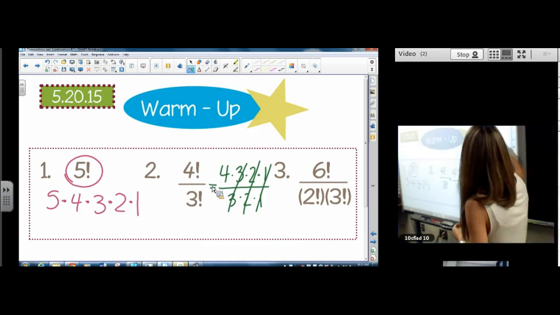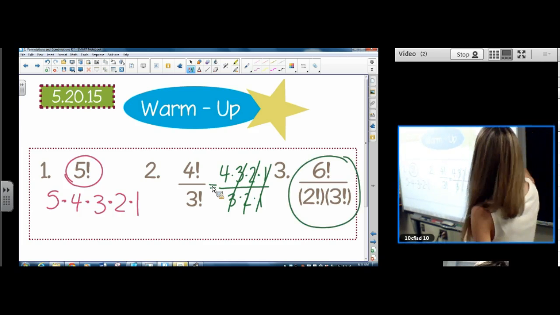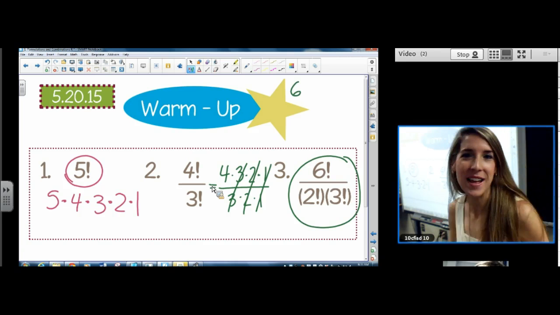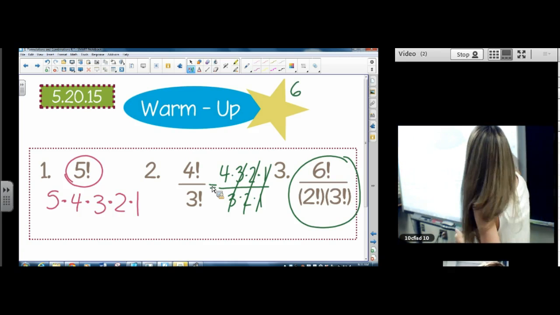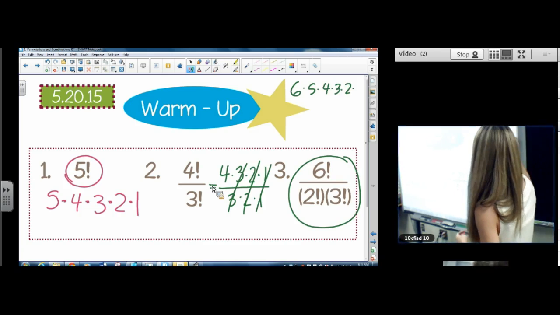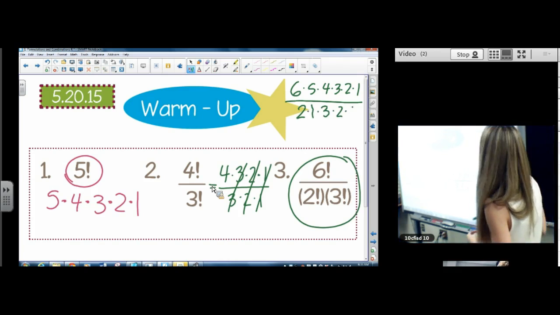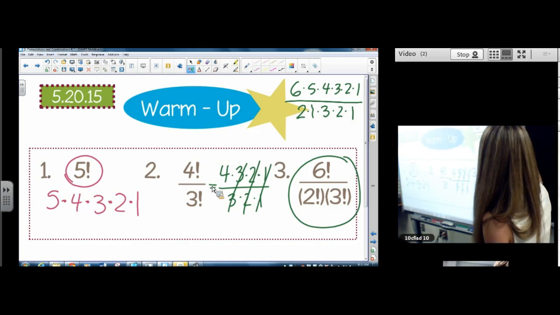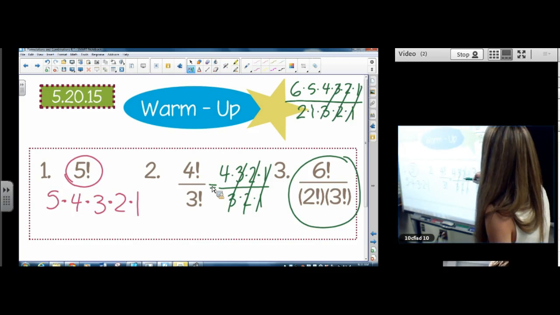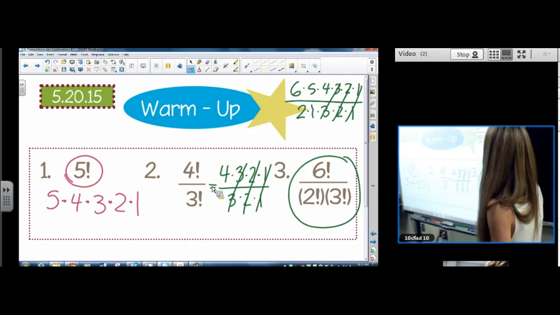Number 3, and this will show up later in the lesson where this comes from, by the way. We're foreshadowing. Ooh, that's like an English term, isn't it? 6 times 5 times 4 times 3 times 2 times 1 over 2 times 1, 3 times 2 times 1. So this one's a little bit different. You can cancel this, this, this, but then what it comes down to is 6 times 5 times 4 over 2.